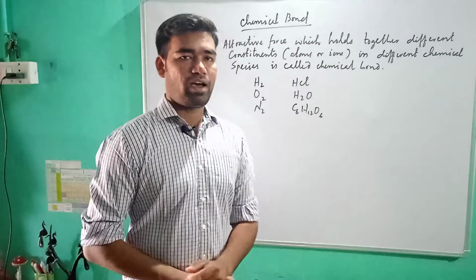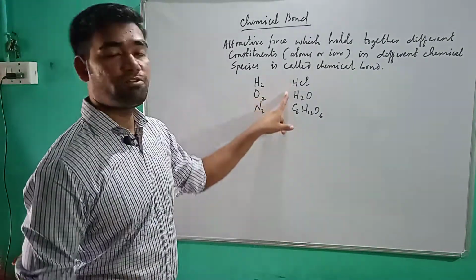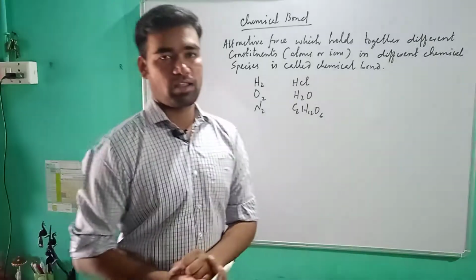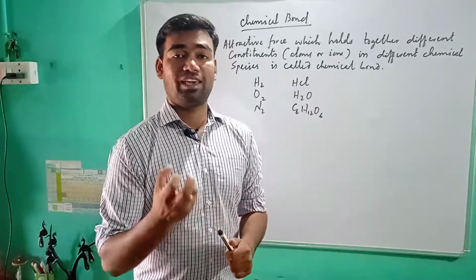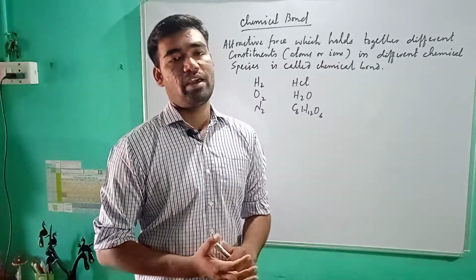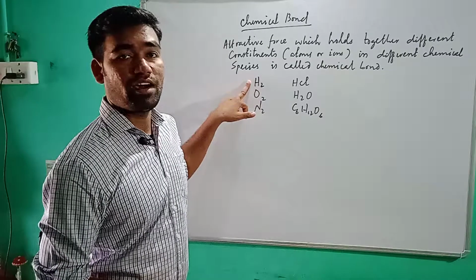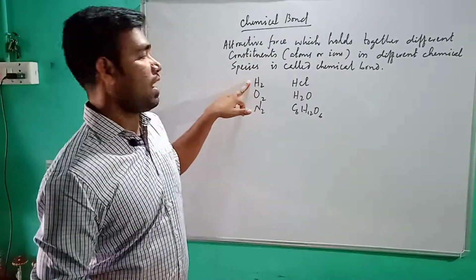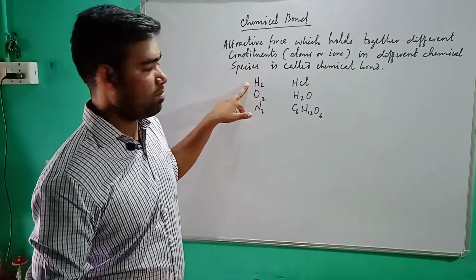The atoms either of the same element in the left side or atoms of different elements, they are together in a molecule. So the thing which keeps them together is a chemical bond. Here two hydrogen atoms are staying together, and what makes them stay together is a chemical bond.